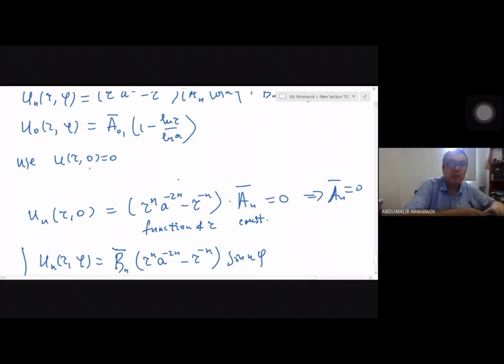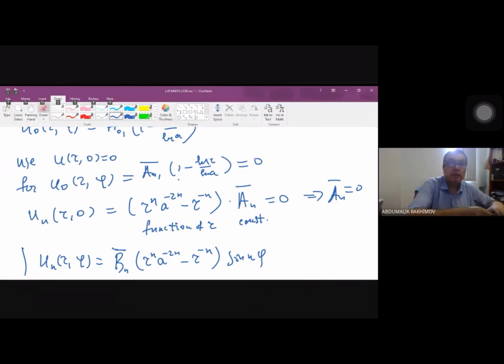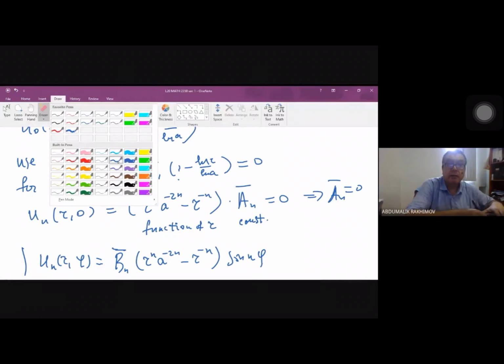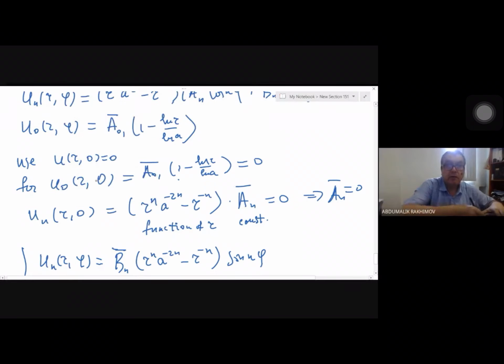So use this for u0. So u0(r, phi) is equal a01 bar times 1 minus ln r over ln A, right? It should be equal 0 when phi is 0. When phi is 0, this must be 0.